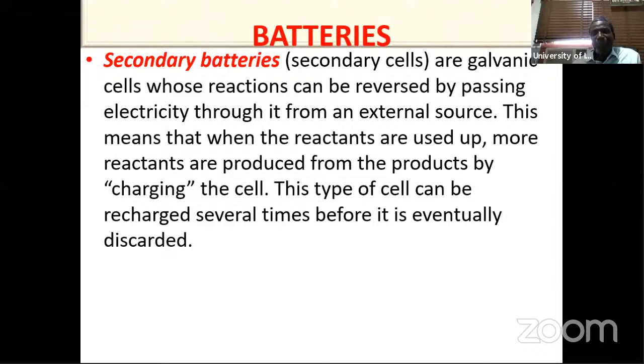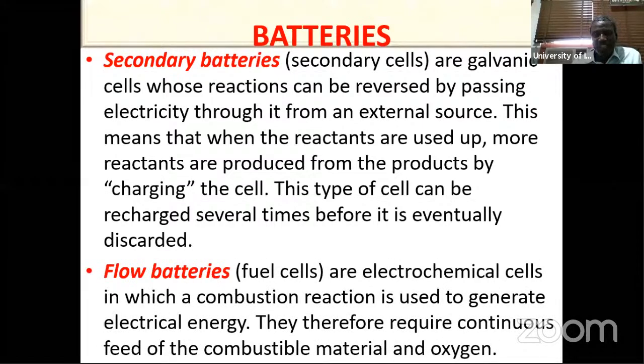And a common example is the type of batteries you have in cars. This lead acid battery is a common example of secondary batteries. And the third type, which is not a very common one, is the flow battery. Flow batteries, we call them again fuel cells. They are electrochemical cells in which you have combustion reactions and you generate electrical energy.